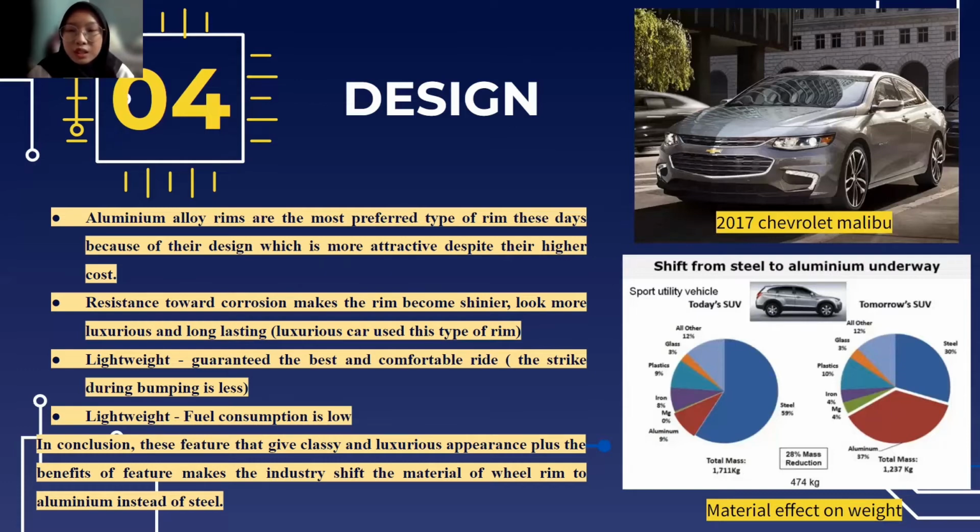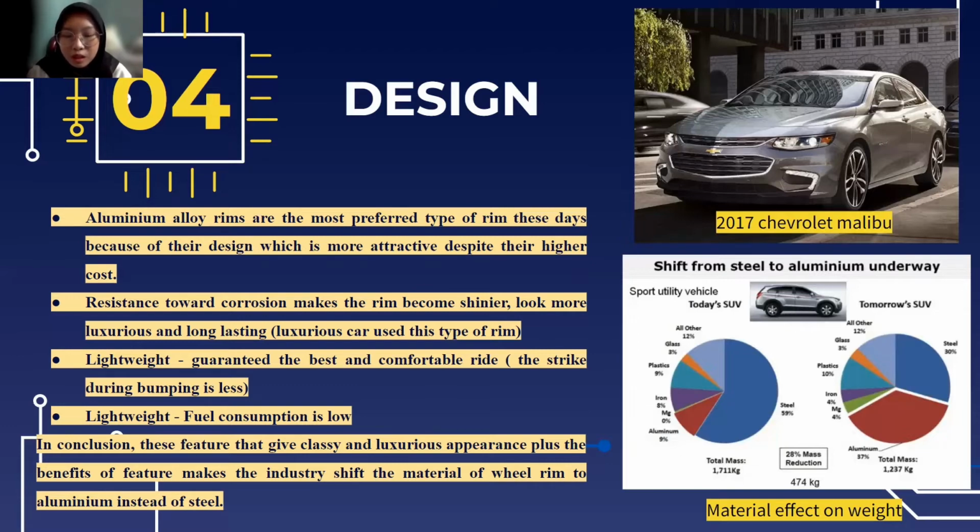As you can see in the picture here, 2017 Chevrolet Malibu is one of the luxurious cars that use aluminum alloy rims. Their feature is lightweight, and this lightweight feature guarantees the best and comfortable ride because the strike during the bumping is less, and the most benefit of the lightweight is fuel consumption is low.